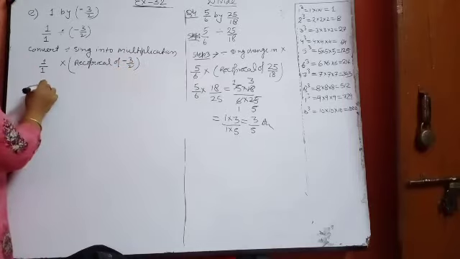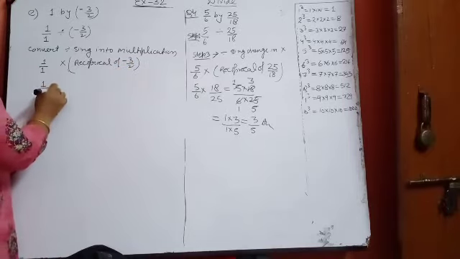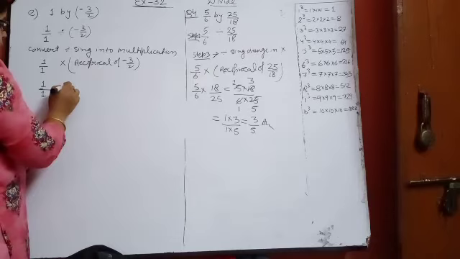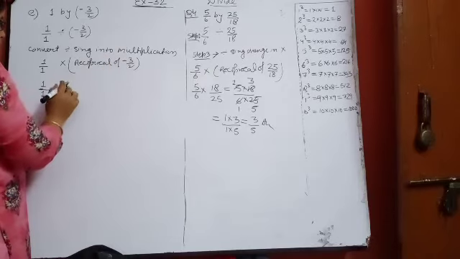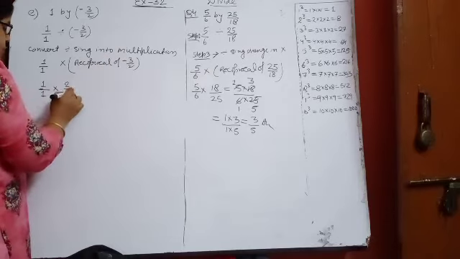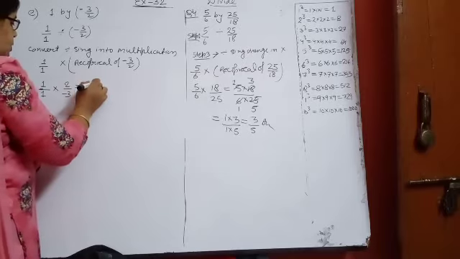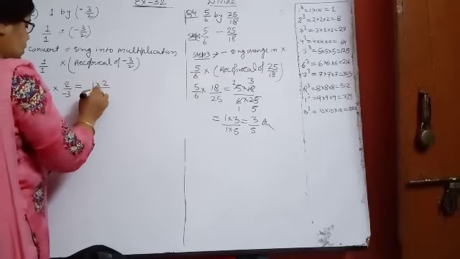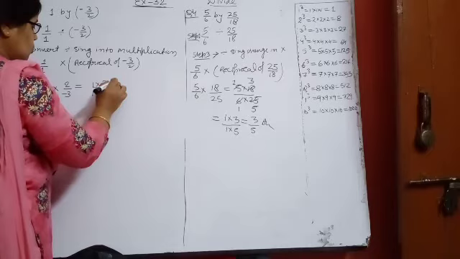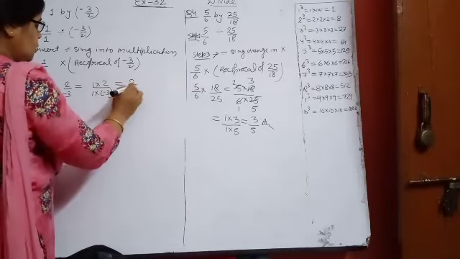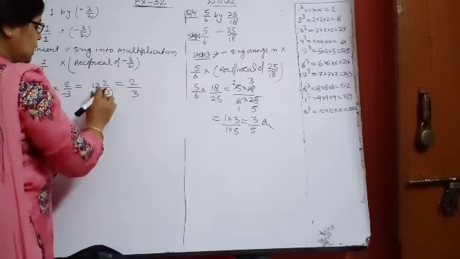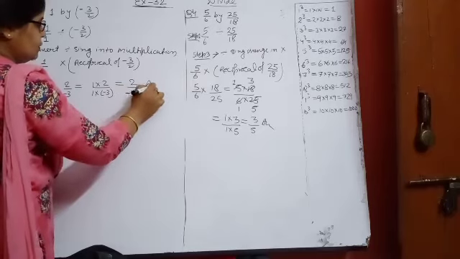So for 1 upon 1, reciprocal means the numerator will go to the denominator and the denominator will become the numerator. So what will it become? 1 into 2 upon 1 into minus 3. So 2 ones are 2, 3 ones are 3. What sign is it having? Minus 2 upon 3. So it will be your answer.